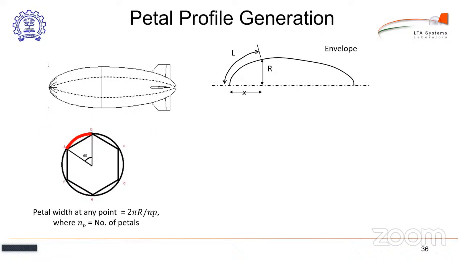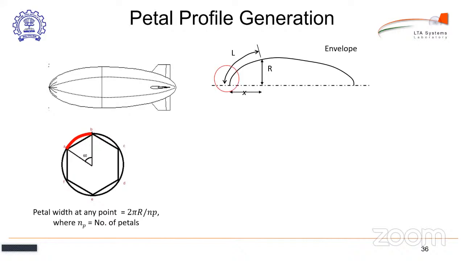So the question is, how do you generate the profile of the petal? At any distance x from the nose of the envelope, there is going to be a cross section of diameter capital D and radius capital R. And the length of the petal is going to be on the curved path L, as shown in the figure.